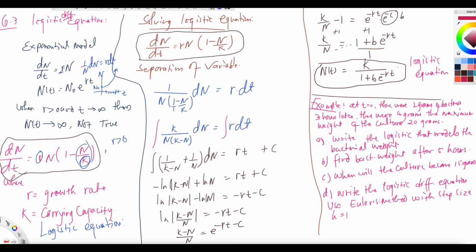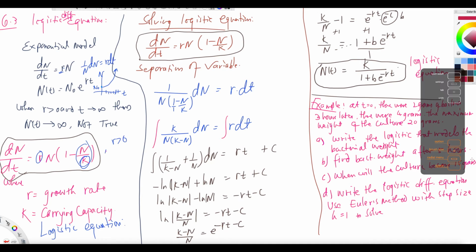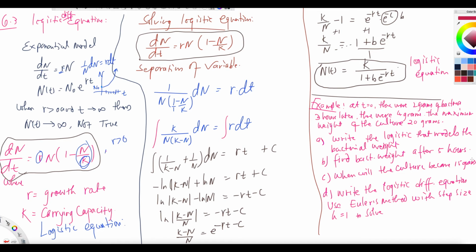It says write the logistic differential equation that models the growth rate of the culture's weight. So you want to model the growth rate of the culture's weight. Okay, so you want dy over dt, that's the rate of change, right?